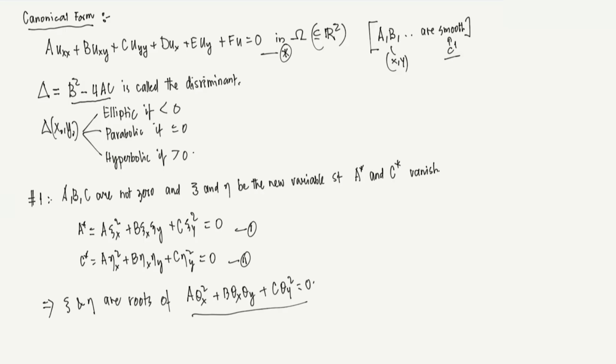Is it okay? Now you see this equation, how we can write it. We can modify this equation and write it like this: A times (theta x by theta y) square plus B times (theta x by theta y) plus C equals 0.